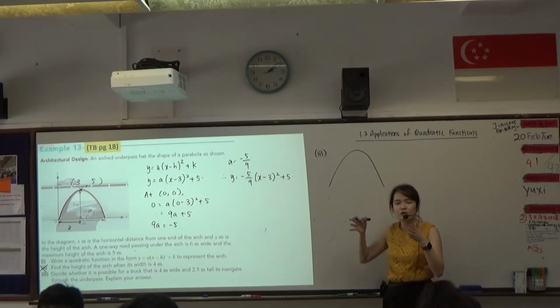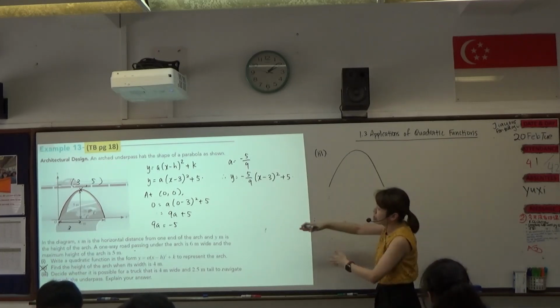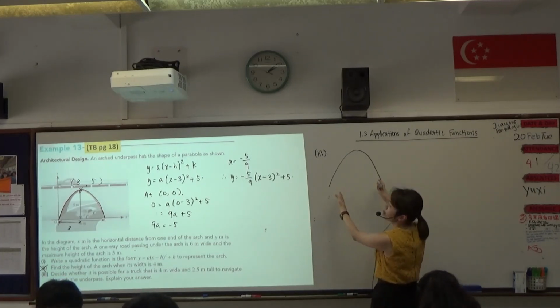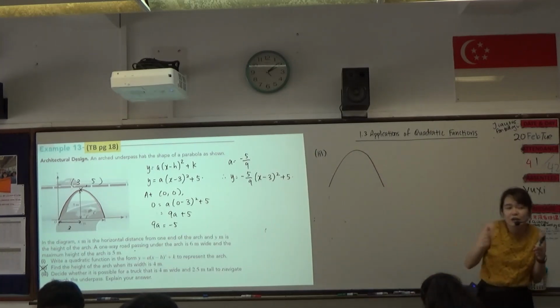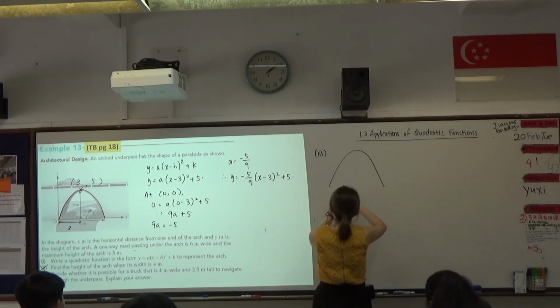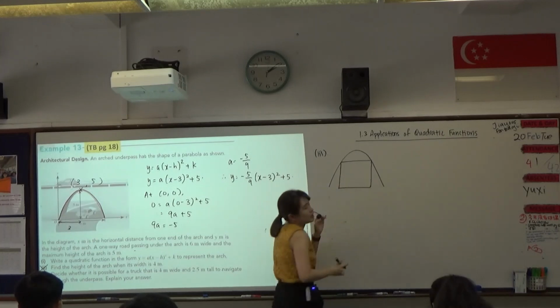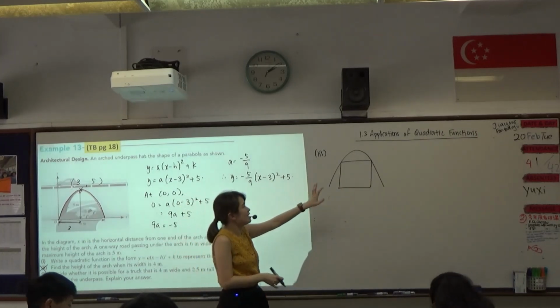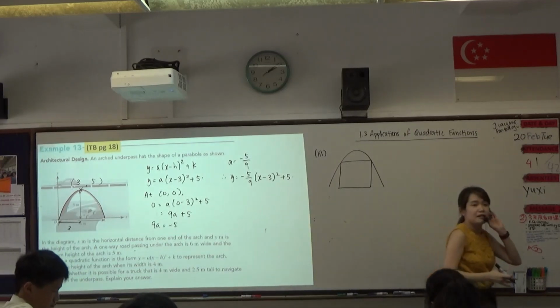When you drive a bus through a one-way road, you drive through in the center. You don't lean onto one side. And we imagine the truck in this case to be rectangular in shape.